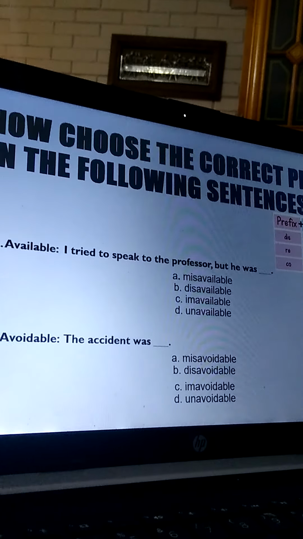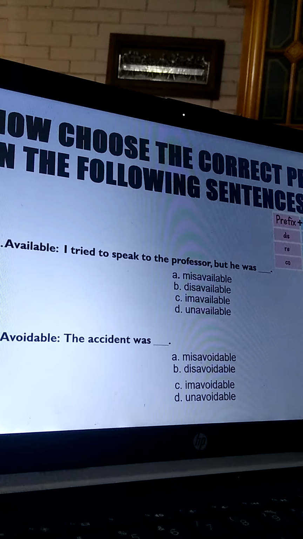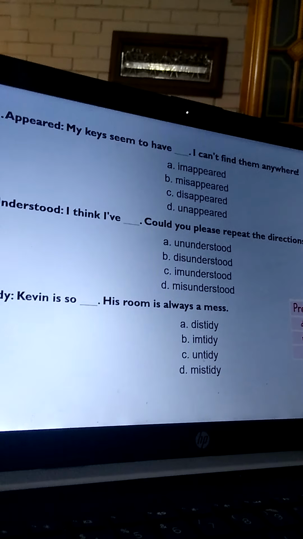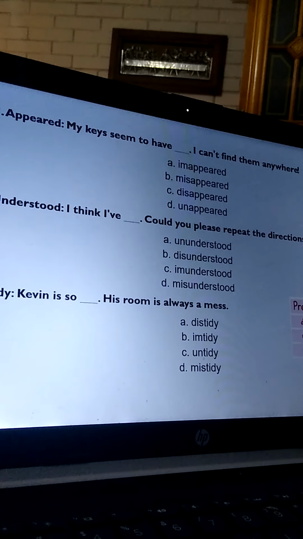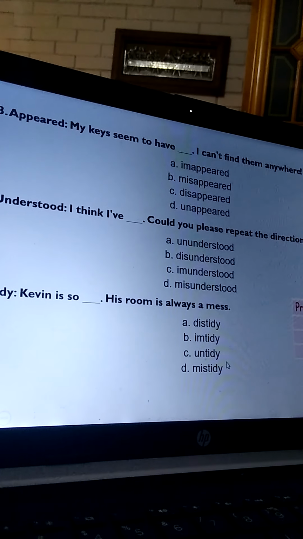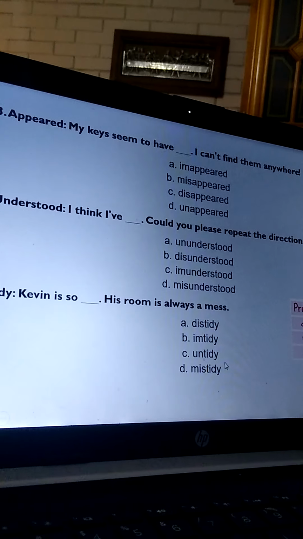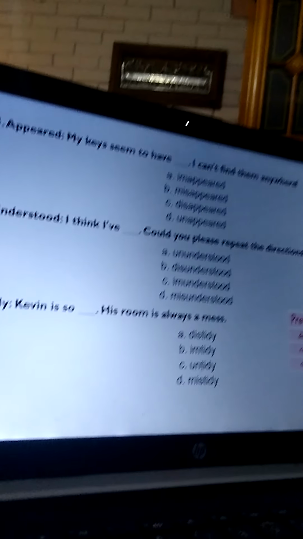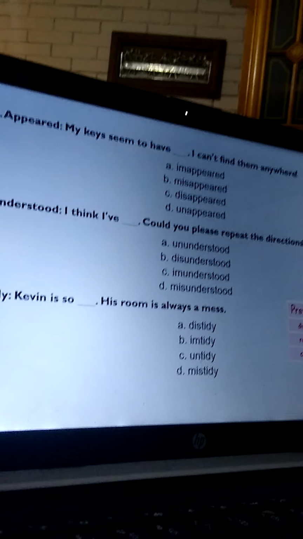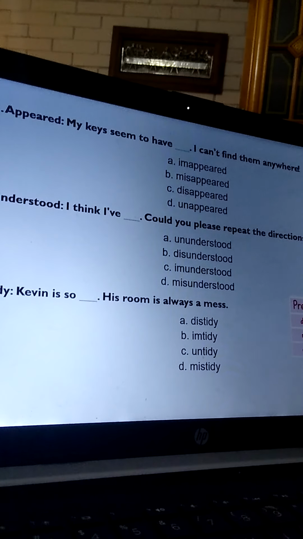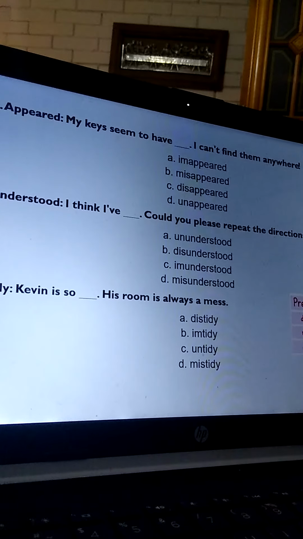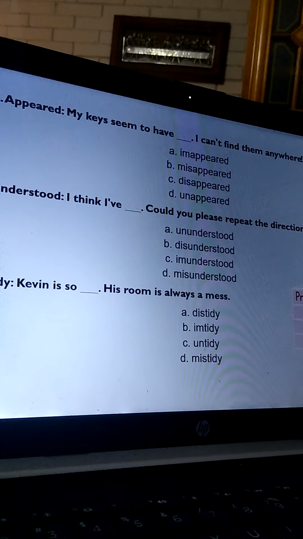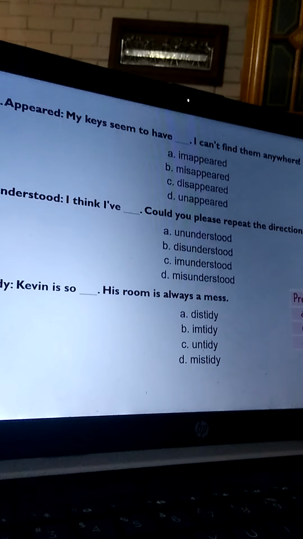Yes, it's un. Then, number 3, appear. Disappear. Understood. Misunderstood.